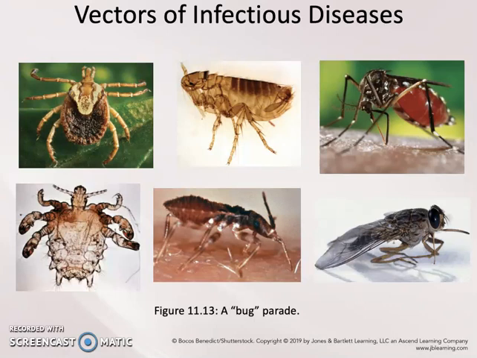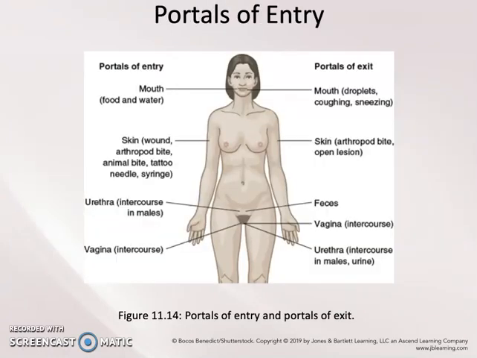Your book then gets into the different types of portals of entry that a microbe may use to invade the body. There are many different portals of entry, the first of which, as we talked about, could be the digestive system, by mouth, including food and water. Alternatively, the respiratory system can take in infectious diseases by mouth or nose by inhaling droplets or coughing or sneezing.